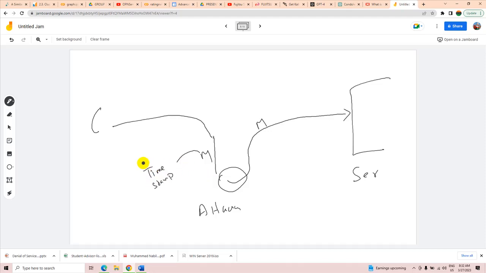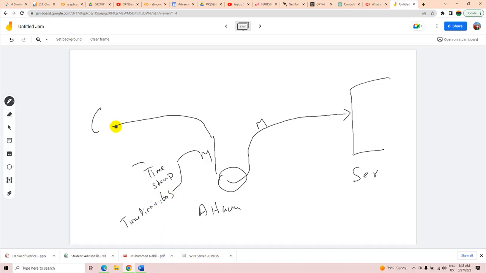So if the message has a timestamp, and also it has a time limit, how much time this message is valid. Let's say it is valid for 60 seconds.